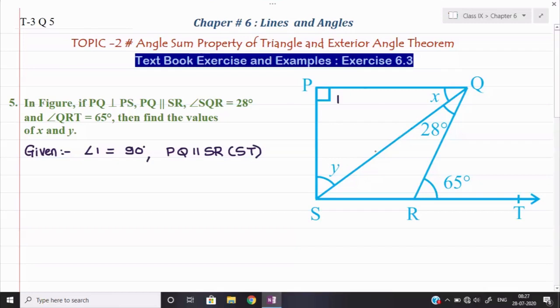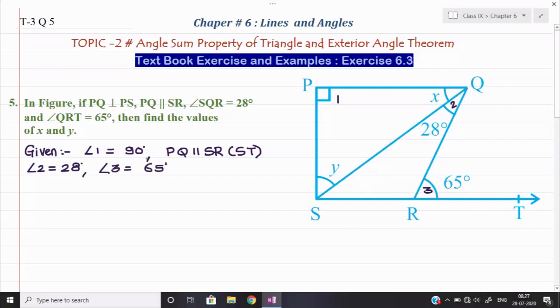Look at the point S. From the point S, I am going to Q and then to R. This angle I will name angle number 2, which is given here as 28 degrees. Similarly, one more value is given in the question, angle QRT, this angle. I will call it angle number 3, and it is 65 degrees.